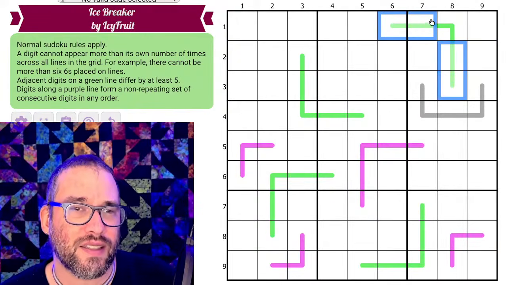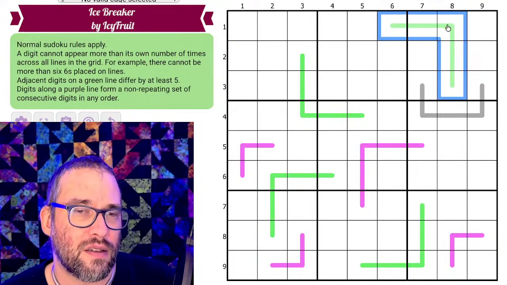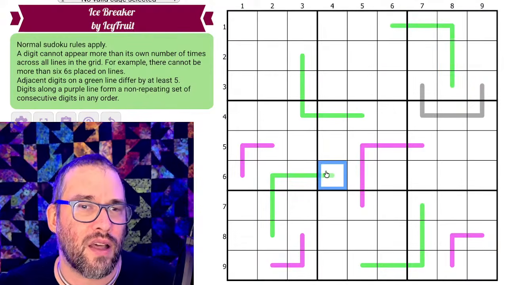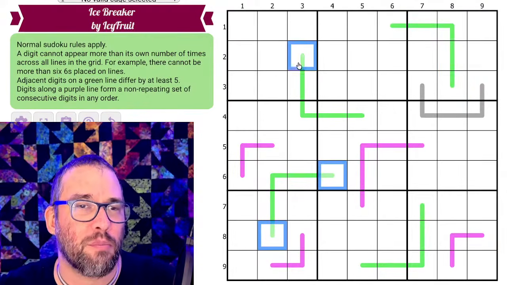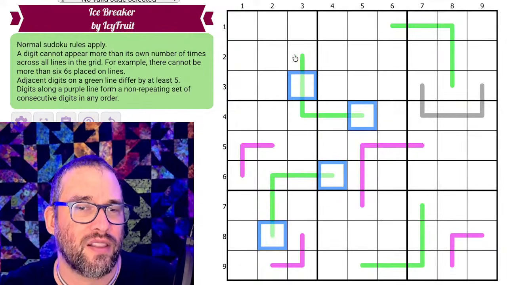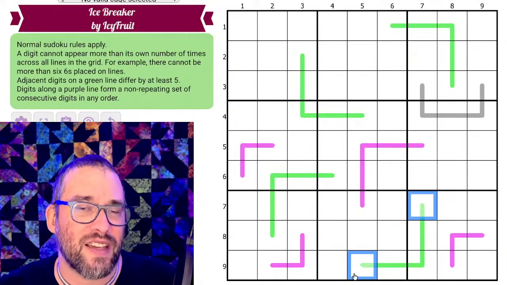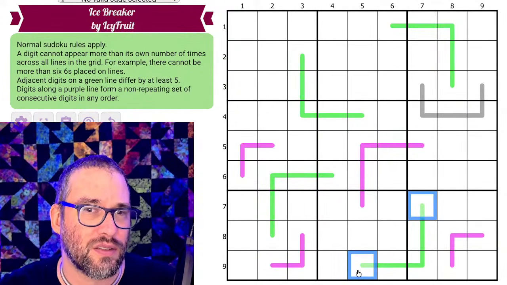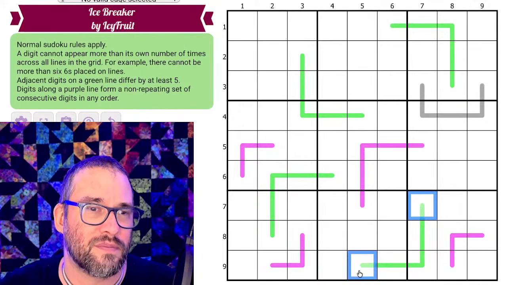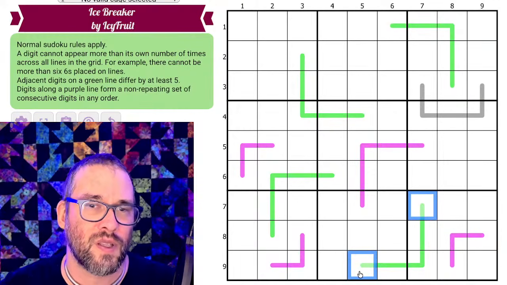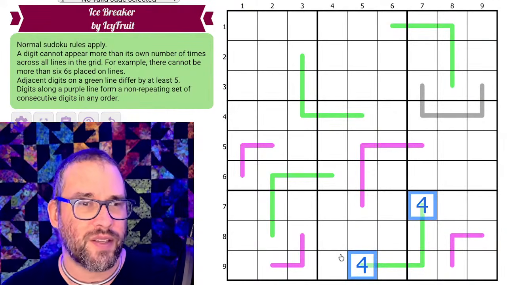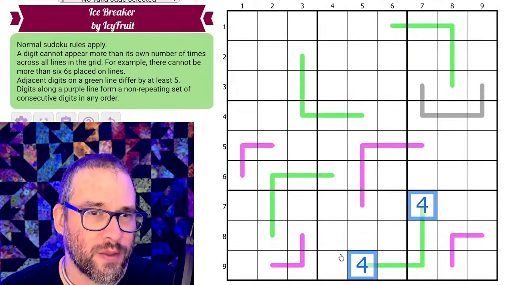This one doesn't. And this one can't both have fours on the ends, which means this one does have fours. Do we buy that argument?